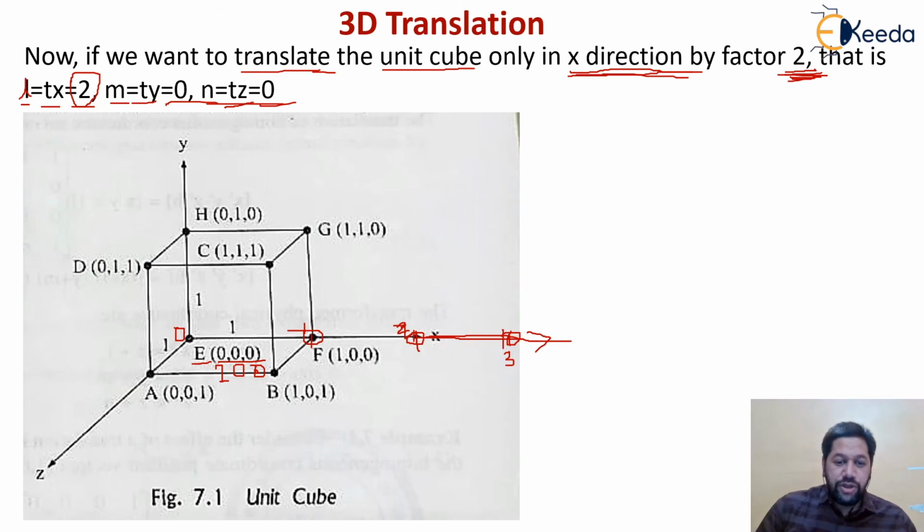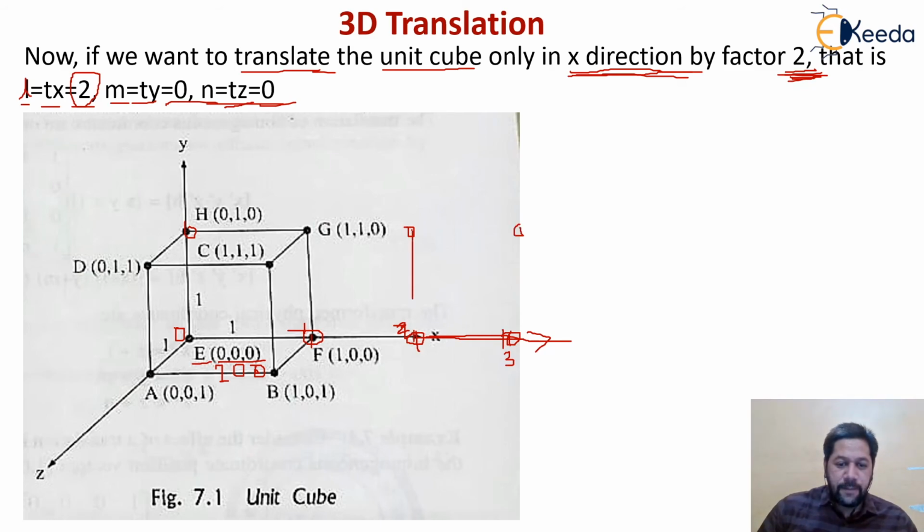Similarly, the H point, if I consider it as 0, 1, 0, is represented with 0 plus 2, which is 2, and the y value is 1. So this point will come somewhere here, and the G point will come somewhere here.